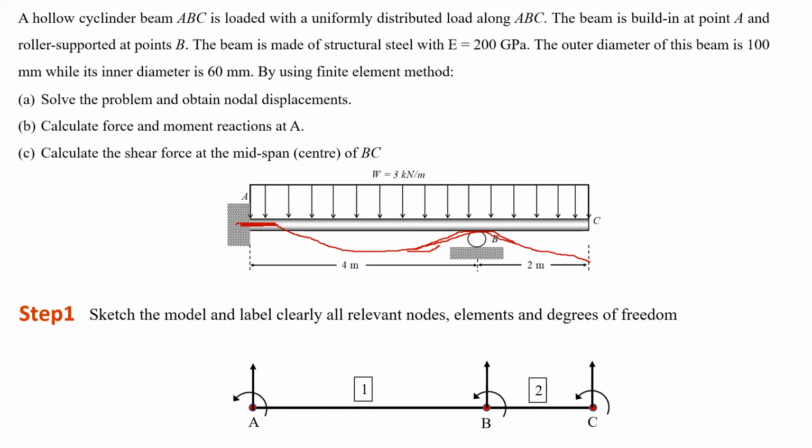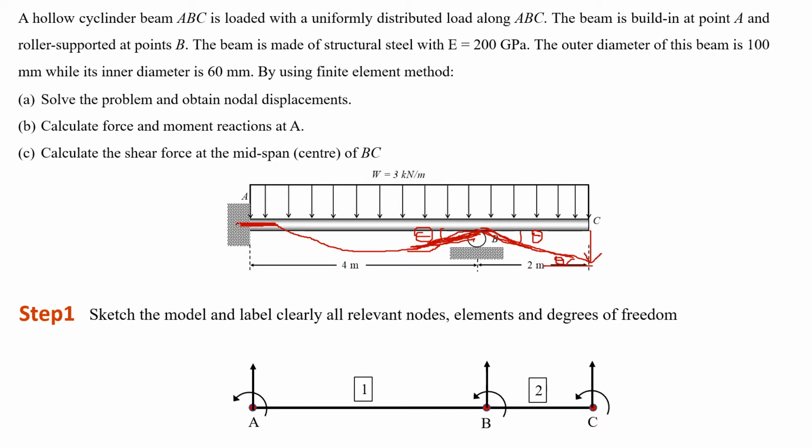But at point B, vertical deflection is 0, but we still can have the slope at point B, theta, either positive or negative, we're going to see that. And of course, at point C, we can have the deflection as well as the theta.